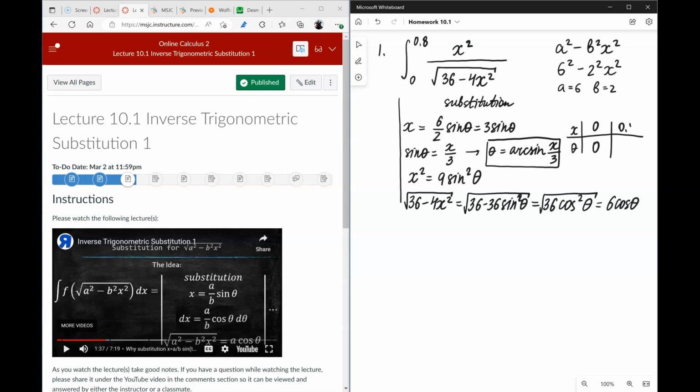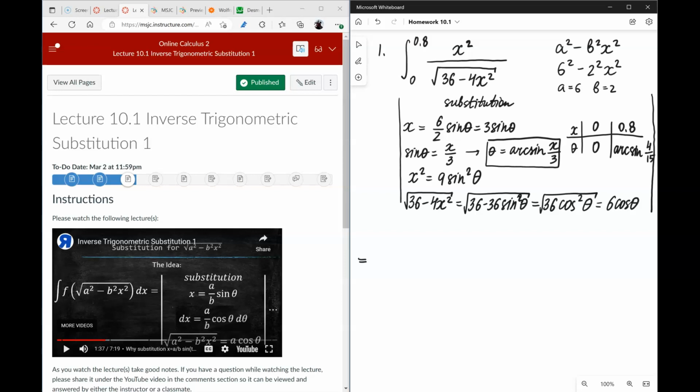And when x is 0.8, we don't know what arc sine of 0.8 over 3 is, so we'll just write it as 0.8 over 3. It's 8/10, so it's 4/5, so it's arc sine of 4/15. And now we're ready to implement this substitution.